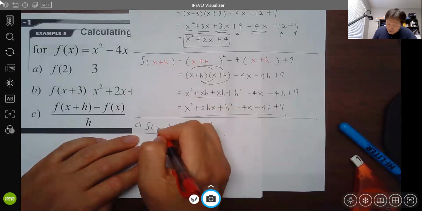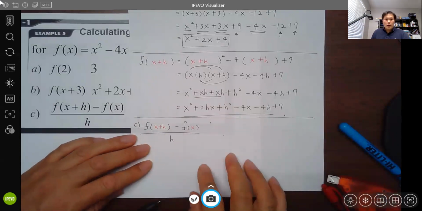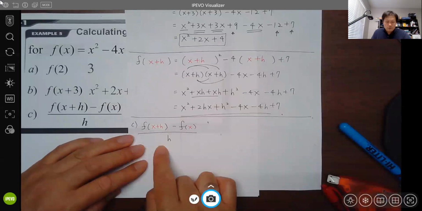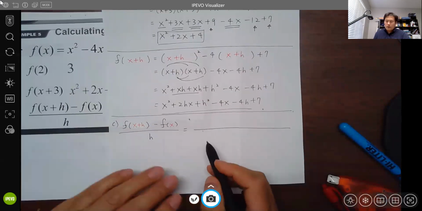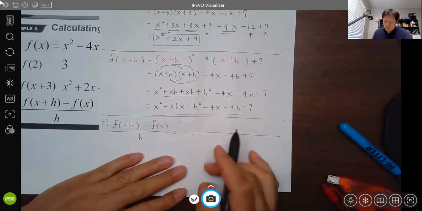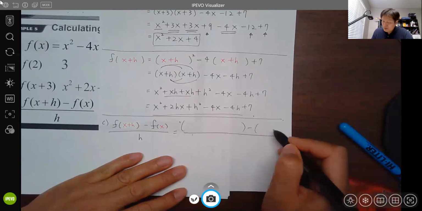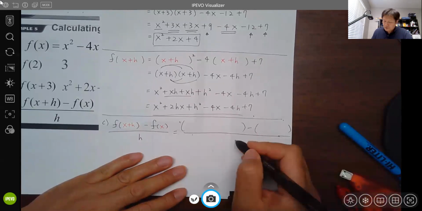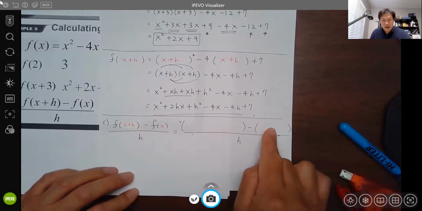That's x plus h here, x here. Okay, so that's the C. We need to get that equal to something. I need you to be able to set up something minus something with a parenthesis first.